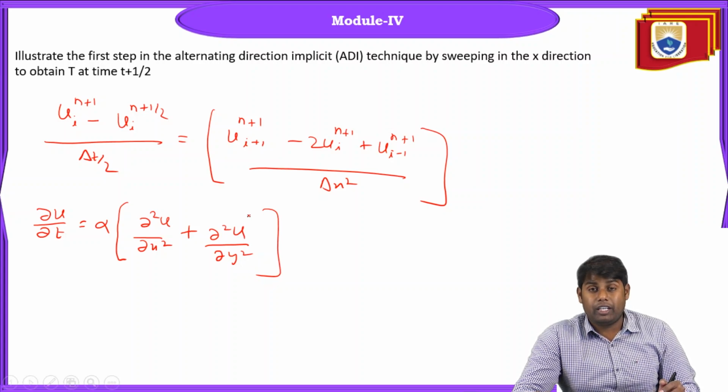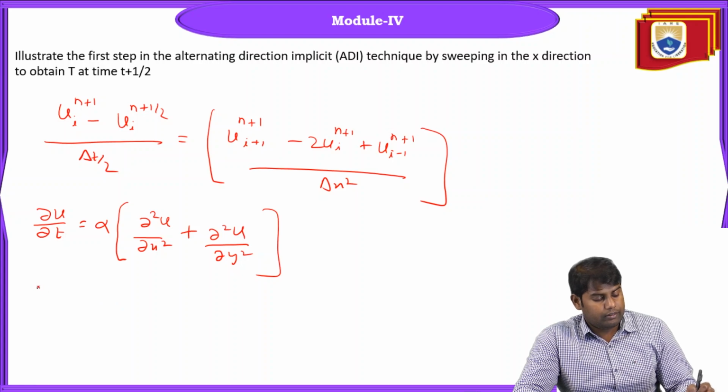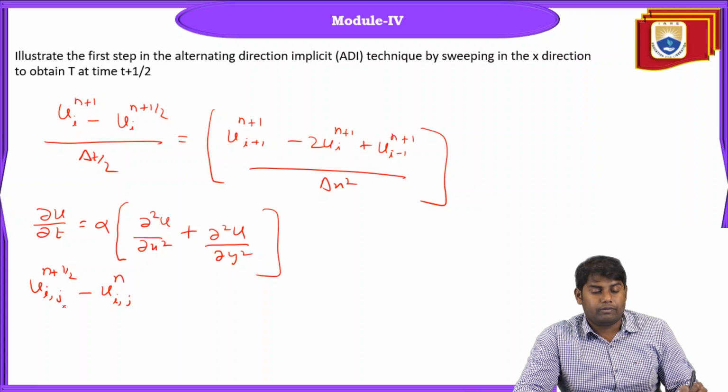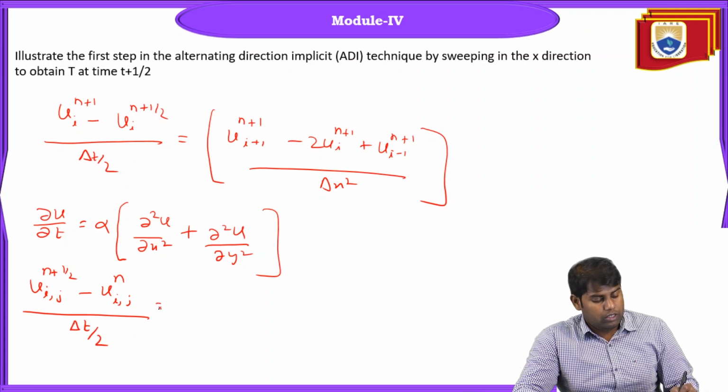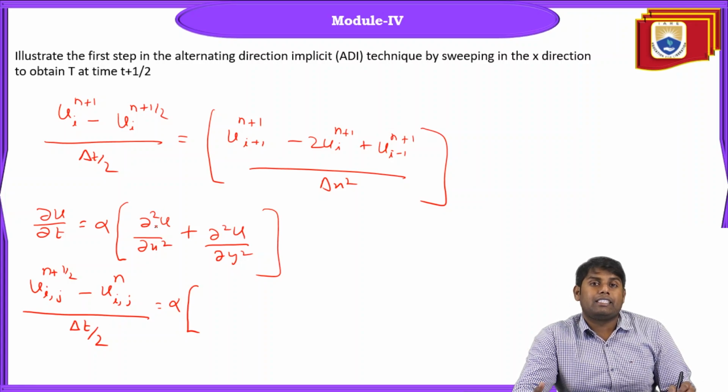When you take 2D, you have to take the i, j index notation, which we have already seen. So the first term we write as (u_{i,j}^{n+1/2} − u_{i,j}^n) / (Δt/2). This is equal to α into, along the x direction let us take it as explicit, along the y direction let us take it as implicit.